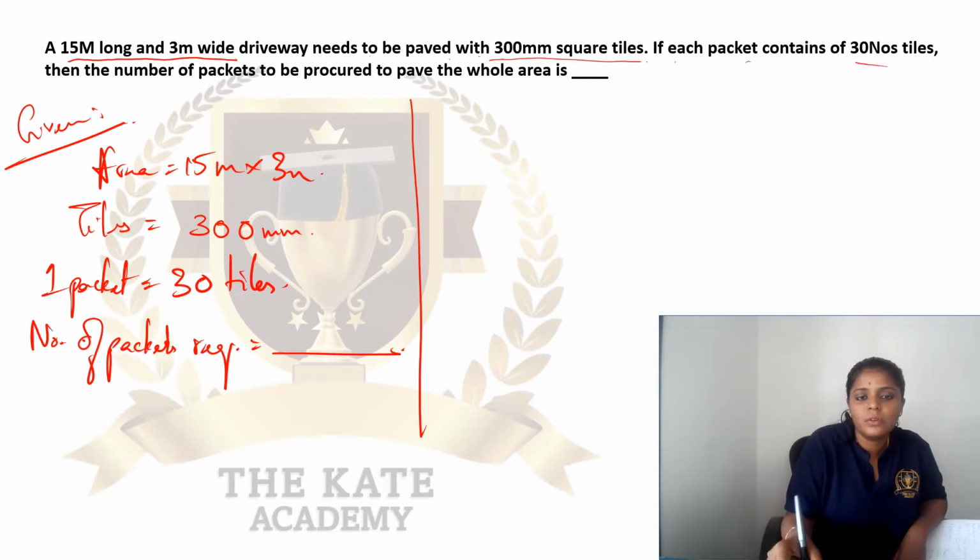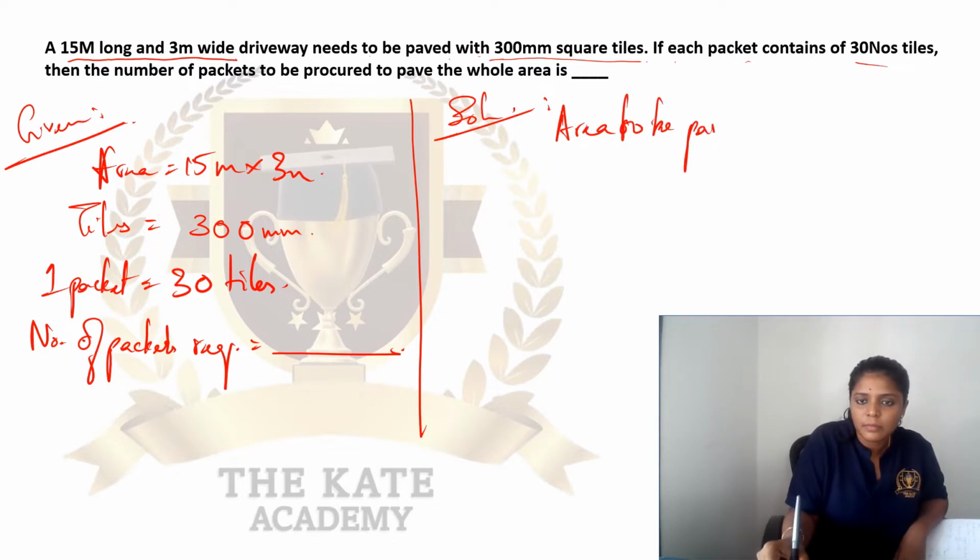So for this we are going to find what is the area to be paved. That is 15 meter into 3 meter, that's 45 meter square.